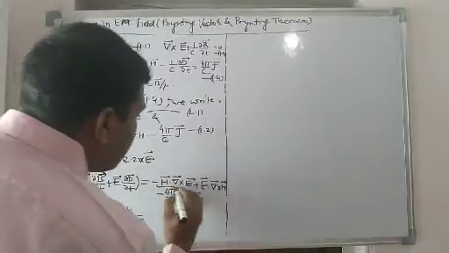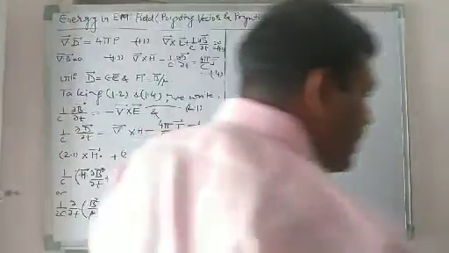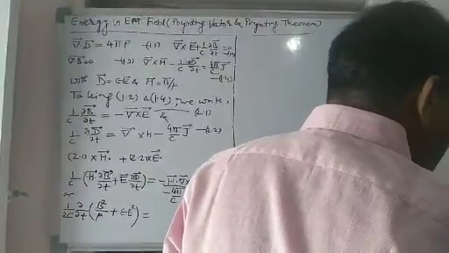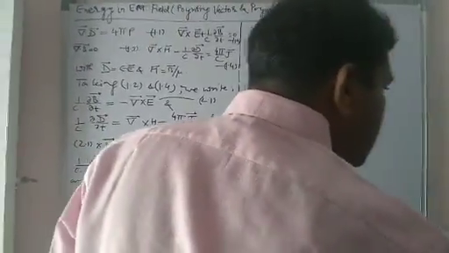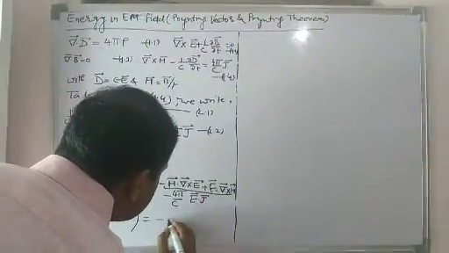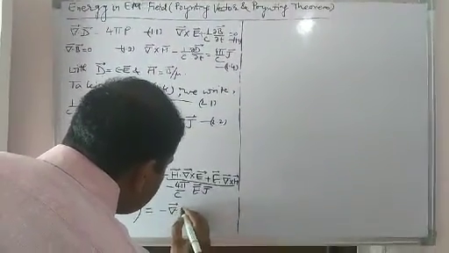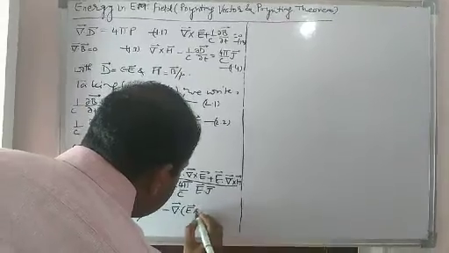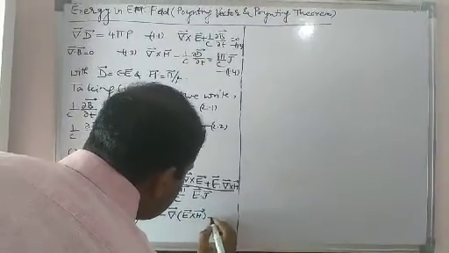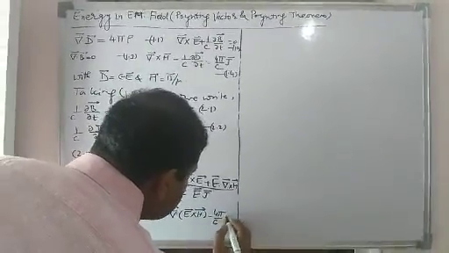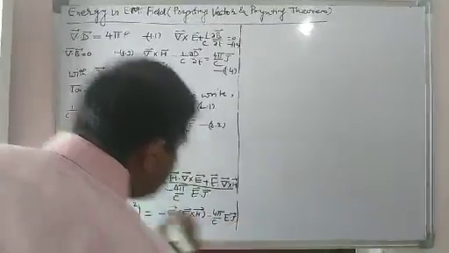And this whole thing could be written as minus the divergence of E cross H, and minus 4 pi by C E dot J.